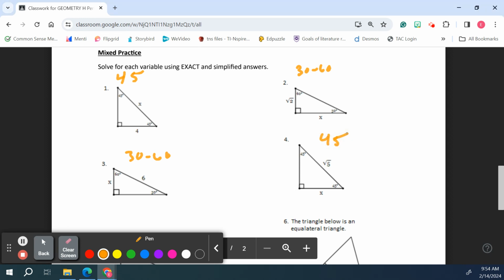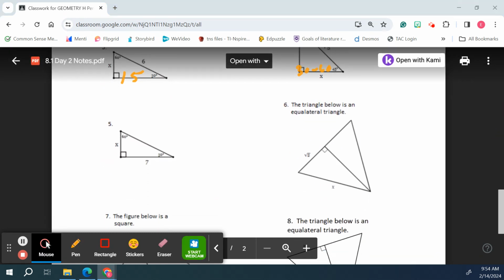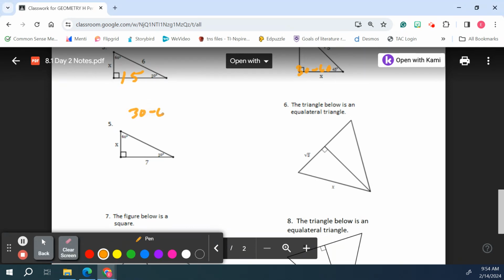Very good, the 45, 45, 90 rule. And then 5, Macy? 30, 60. Very good. And 6, Shane? The 60, 30. Yeah, 30, 60, 90. Very good. And the next one, Ayana?